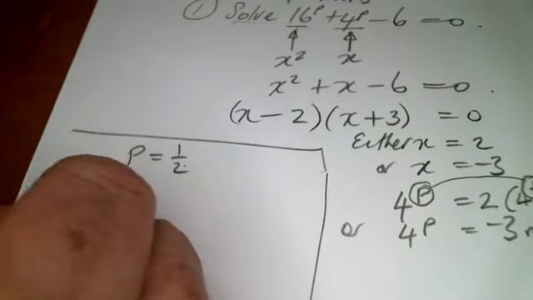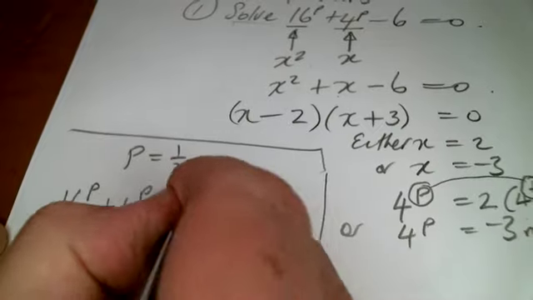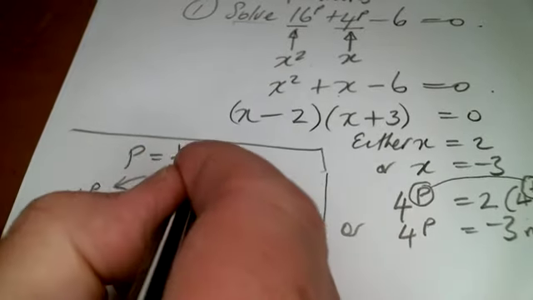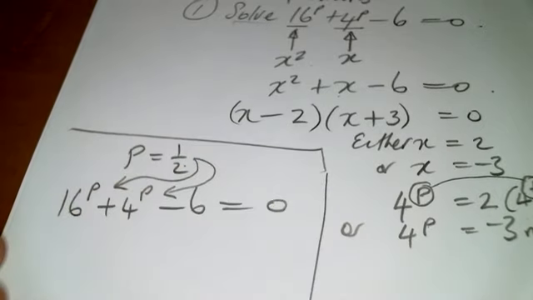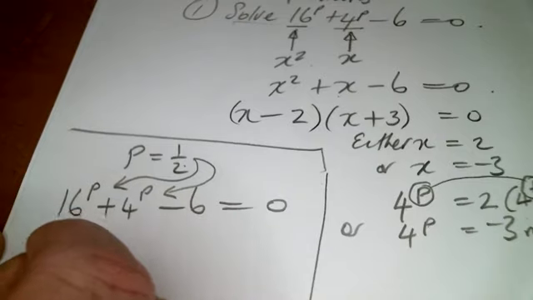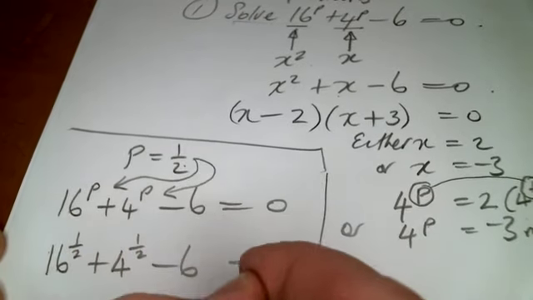So we've got 16^p + 4^p - 6 = 0. Now we substitute in p equals 1/2. So we've got 16 to the power of 1/2 plus 4 to the power of 1/2 minus 6 equals 0.